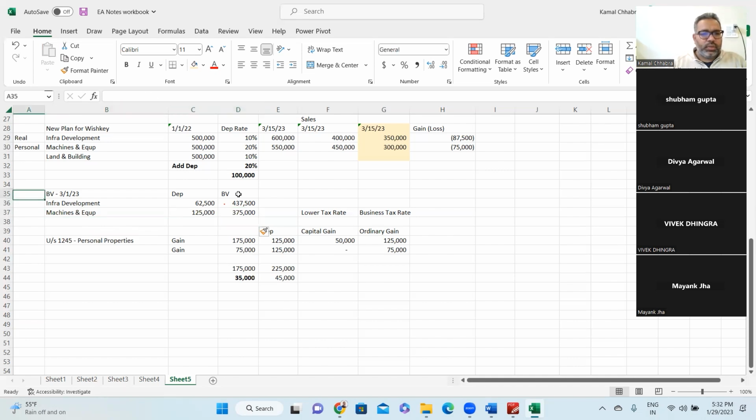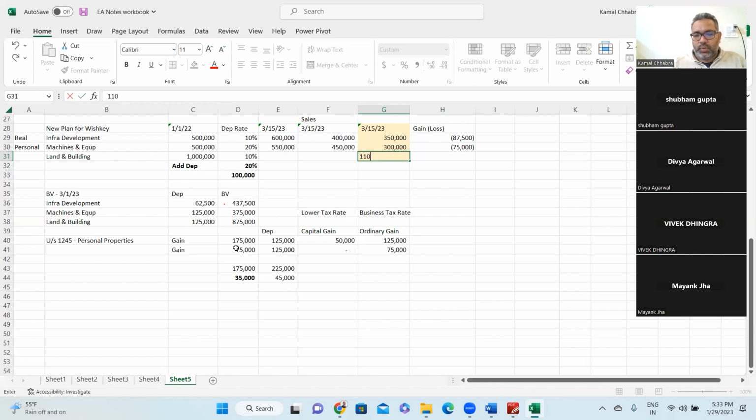And this land and building, here you have this, let's say, $100,000, $1 million, right? So this $1 million of land and building has appreciated to, let's assume, $1.1 million.